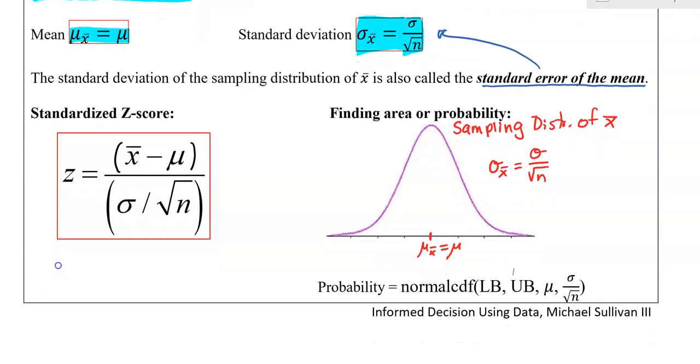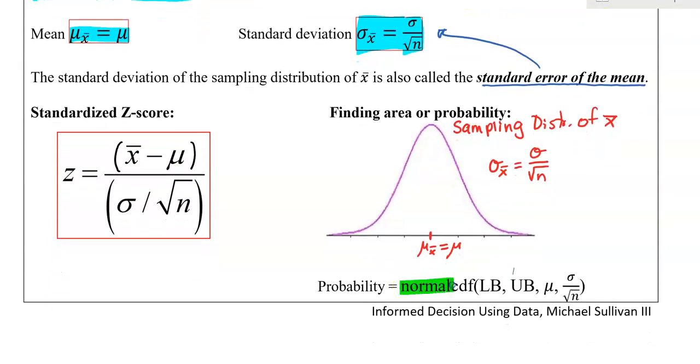We are going to be using normal CDF, as we did back in section 7.2, because we are still dealing with a distribution that is normal. So the sampling distribution for x bar is this normal curve, which has a mean of mu and a standard deviation of sigma over the square root of n.